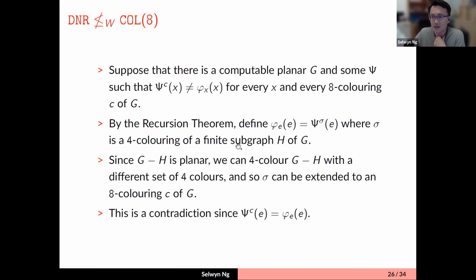Then you can first color the graph with 4 colors, and then use the fact that these reductions have finite use, and pad out the rest of the graph, G minus H, with a different set of 4 colors, and that extends to an 8-coloring of the graph that doesn't compute a solution. So that's how we can diagonalize for the 8-color theorem. Of course, you can't do this with fewer than 8 colors, but you can do it with 8 or more colors.